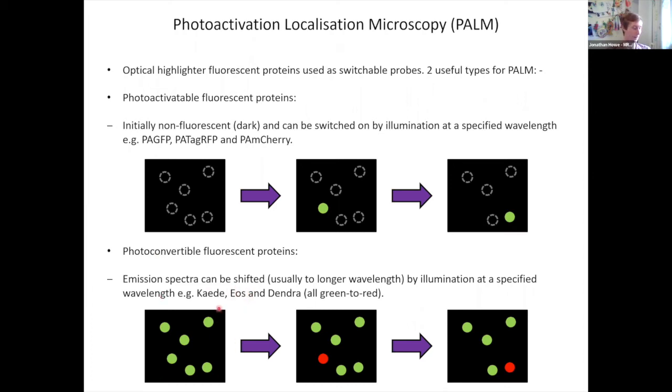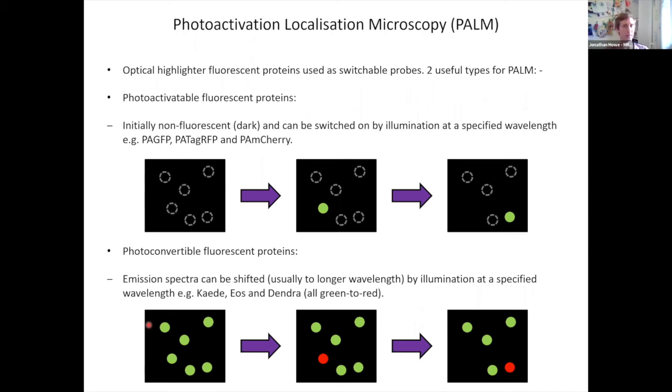So if you imagine you'd have a whole field of view of EOS molecules, which are all visible in the green channel, but if you image in the red channel, you would see nothing. But if you trickle in a little bit of UV light, you will randomly convert a small subset of those EOS molecules from the green to the red version. And then that can be imaged, the centroid found and bleached.